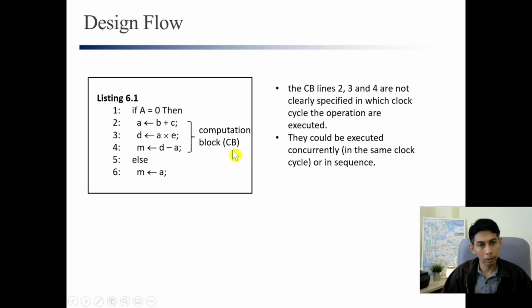Here we can see that lines 2, 3, and 4 do not clearly specify in which clock cycle the operations are executed. So we can define whether we want to do this in one clock cycle or in separate clock cycles. It depends on the designer to decide that, and that will impact the size of your design, the speed, and of course the power consumption, when you decide whether to execute in parallel or in sequence.